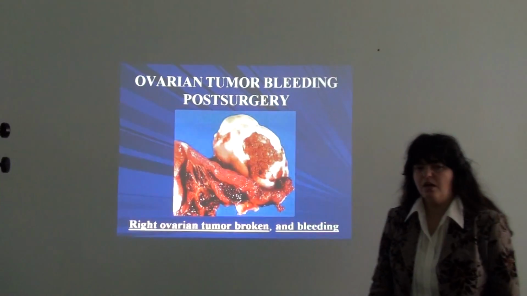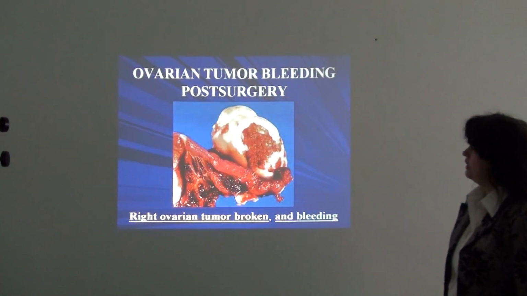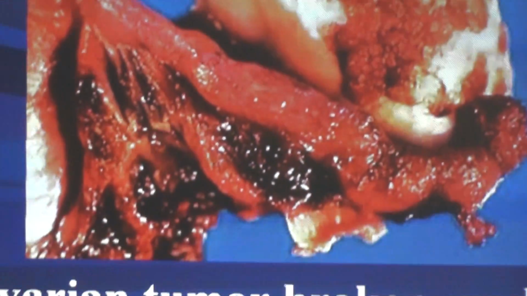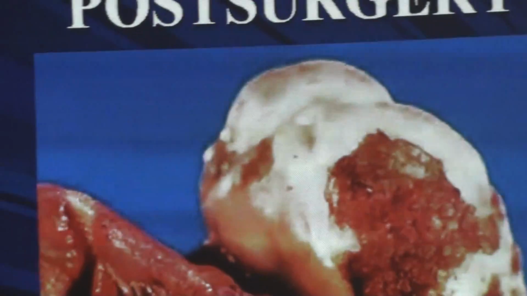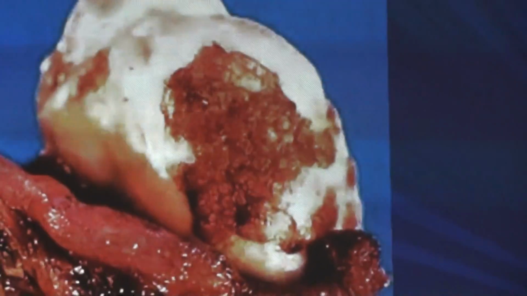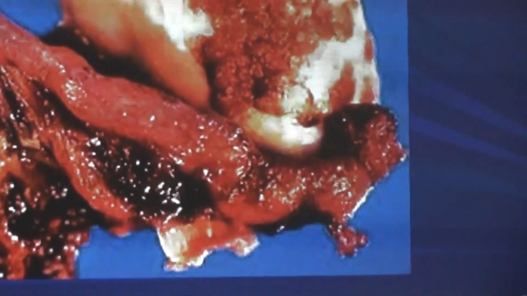In this slide, I put for you the postoperative piece, and we see very well in this image the aspect of the right ovarian tumor broken and bleeding.